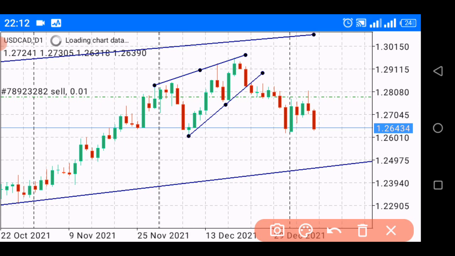But again, we have another thing. Do you see we have a flag? We have a flag here which tells us that price is still continuing its movement after the breakout of the flag. Let's go to 4 hours.